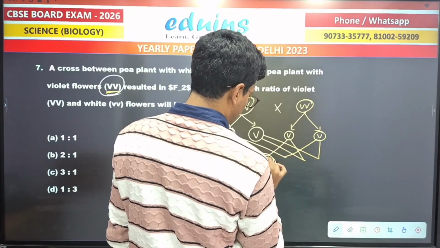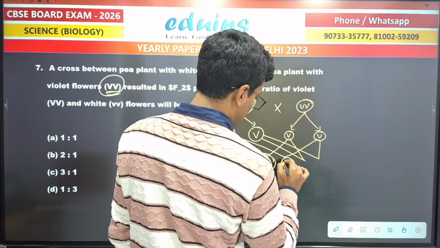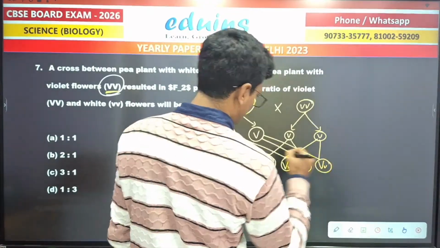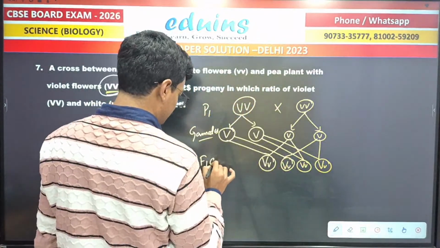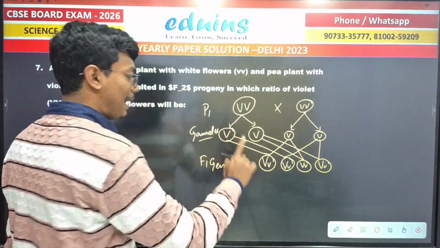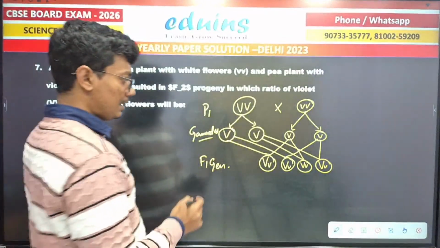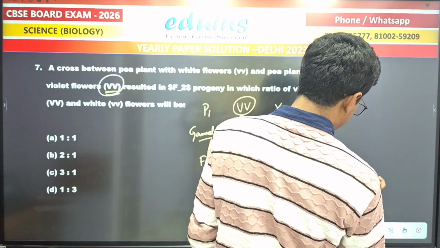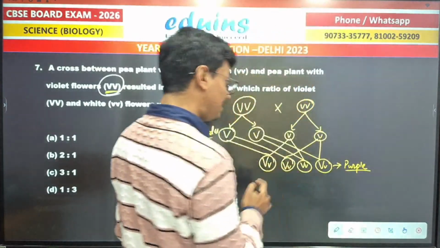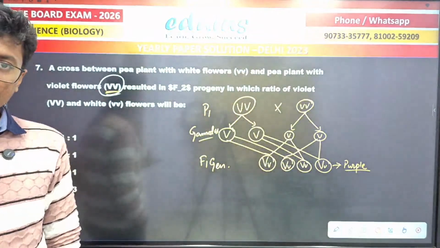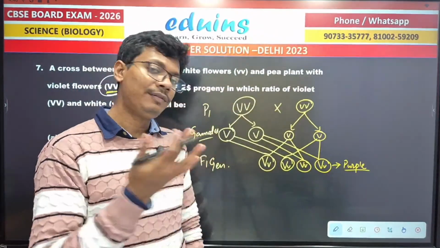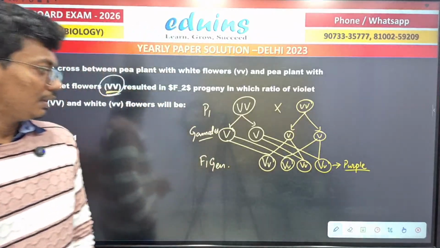All the individuals in the F1 generation will be capital V small v, that are purple. Why? Because capital V is the dominant character, so it shows its character in the heterozygous condition.